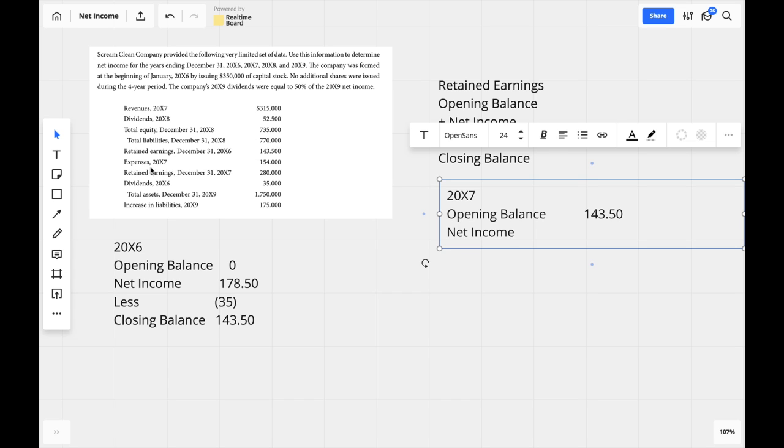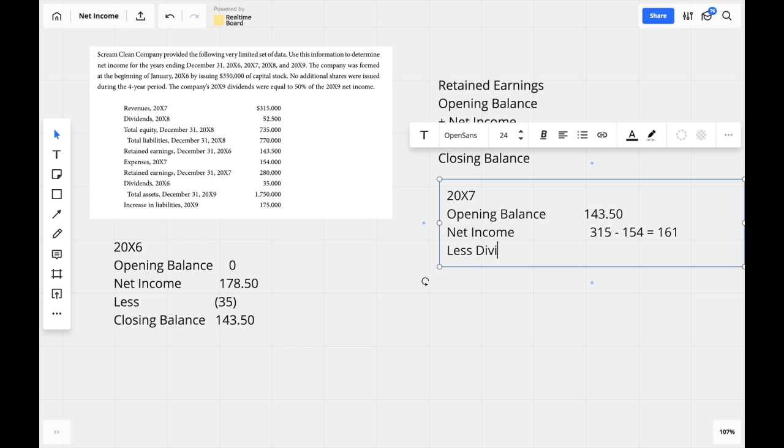We also have expenses of $154,000, and so you could work out that profit because net income is revenue minus expense. So 315 minus 154 equals 161. So that's the net income.